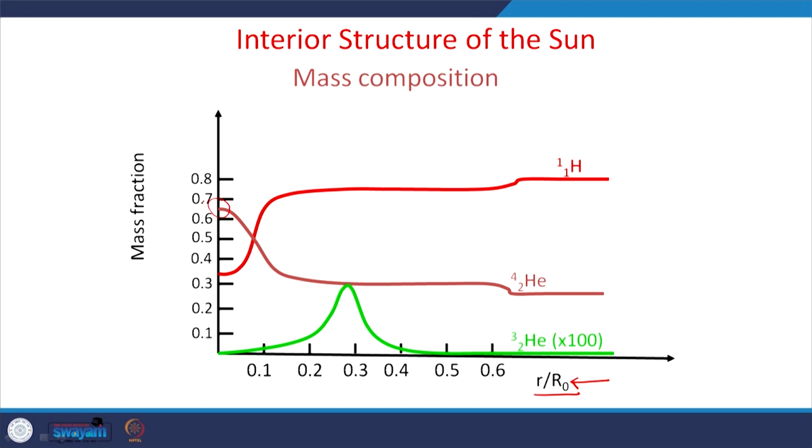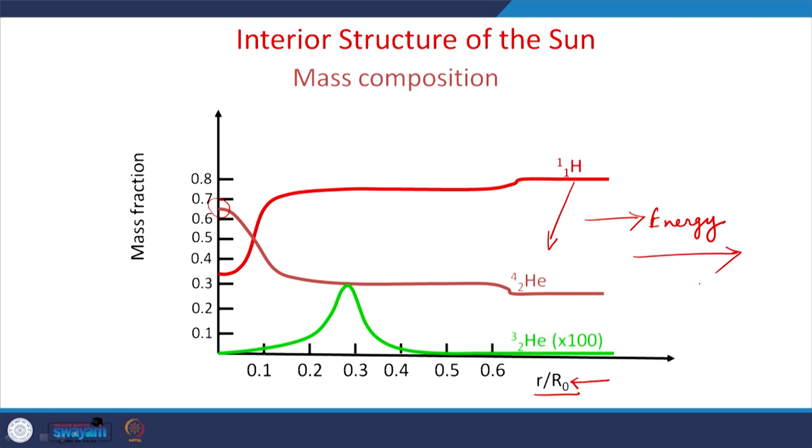This helium concentration decreases as you travel away from the core. So you have the maximum amount of helium at the core and the maximum amount of hydrogen everywhere else. Ultimately, hydrogen fusing to form helium is what drives the sun.